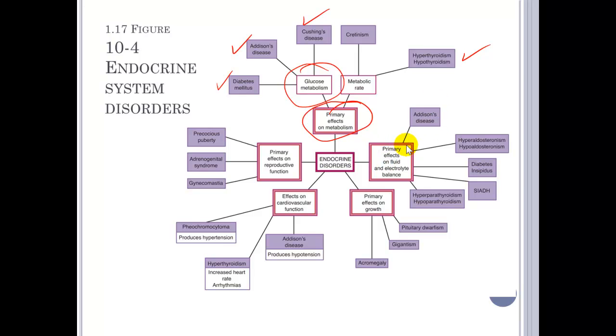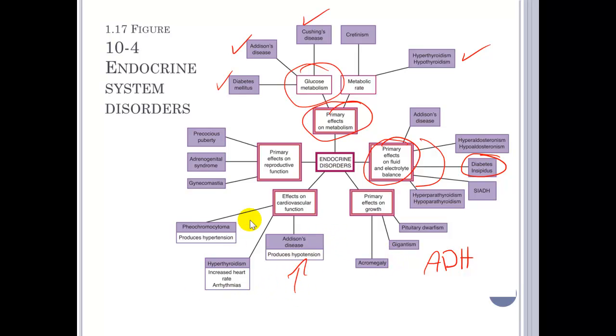They also can jack up fluid and electrolyte balance, if you'll notice. Diabetes insipidus is something completely different. You would think it'd have something to do with sugar, but actually diabetes insipidus is ADH based. Pituitary and dwarfism, because growth hormone comes from there. Gigantism, from flipping it the other way.